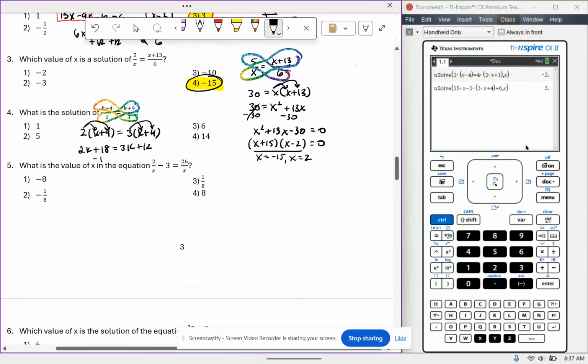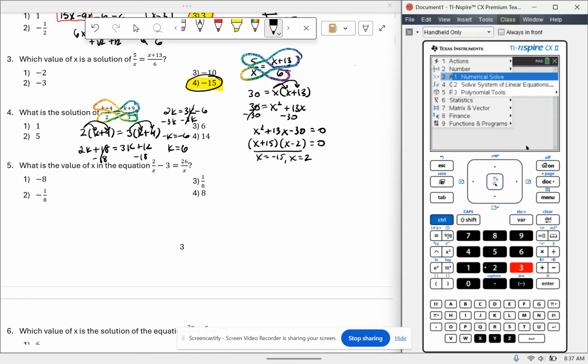Okay, so now I'm going to sort. 12 minus 18 gives me negative 6. I now have negative k equals negative 6, k equals 6. So let's just double check with nsolve.